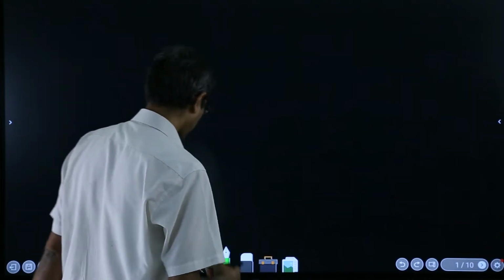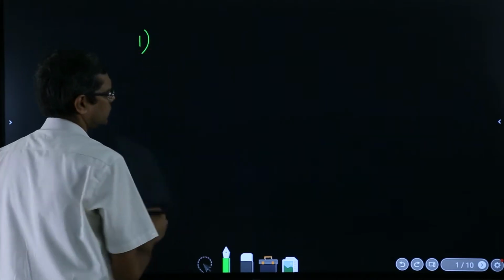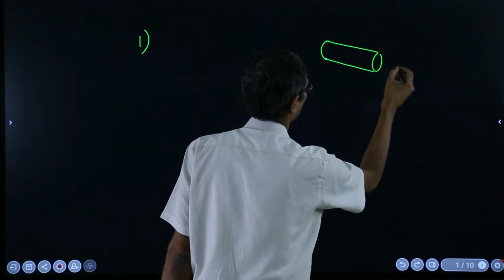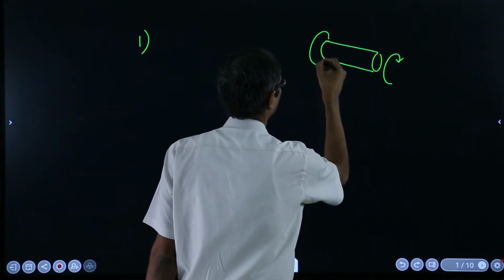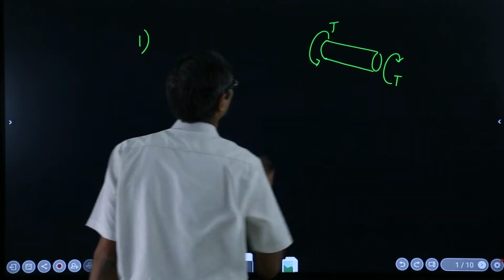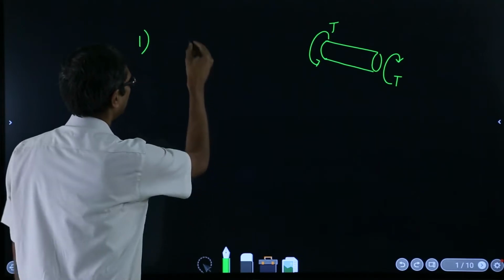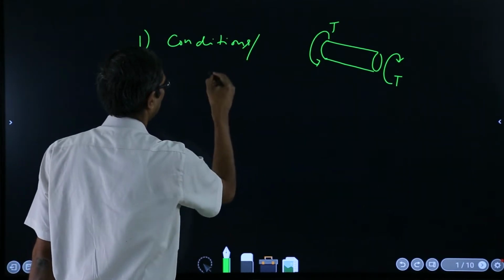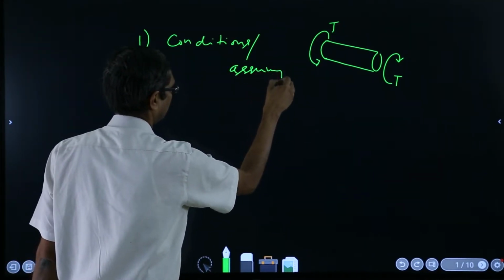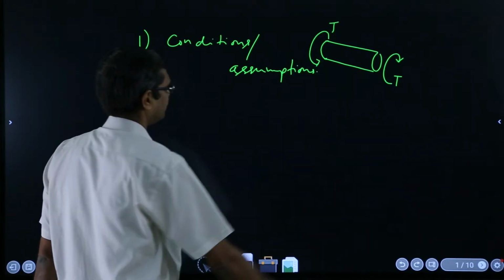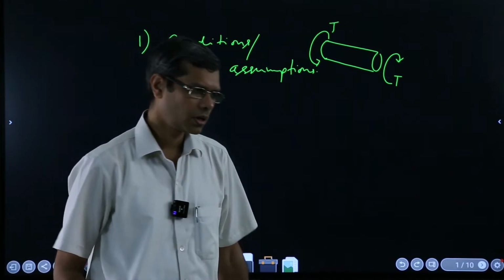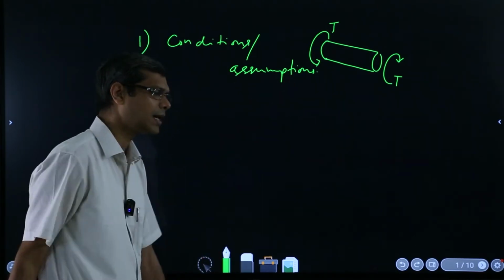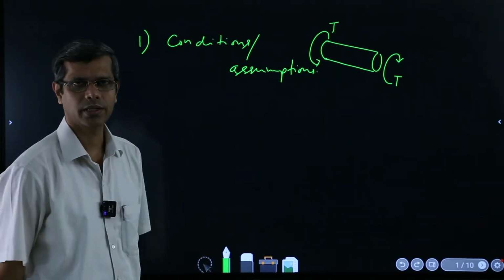If I would like to summarize, we discussed the canonical situation like this: uniform cross section, T and T, and then we talked about the conditions or assumptions which generally are valid under pure torsion of an axisymmetric shaft.